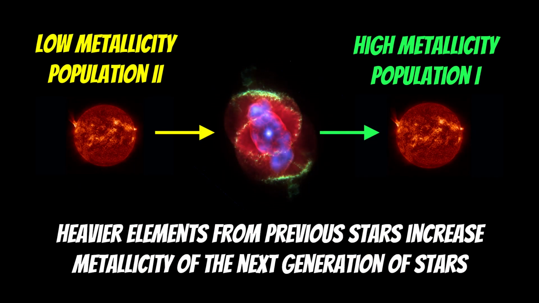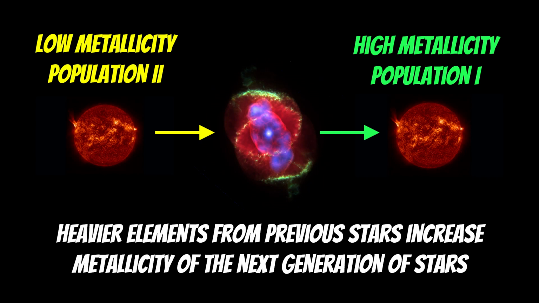So there are a few different populations of stars. Your low metallicity population 2 stars are older generation ones. These would have formed earlier in the universe when there was less heavy elements around. So these would be quite low metallicity. They wouldn't have many metals in them. And as they go through their cycle, they end their lives, they would then give rise to the next generation.